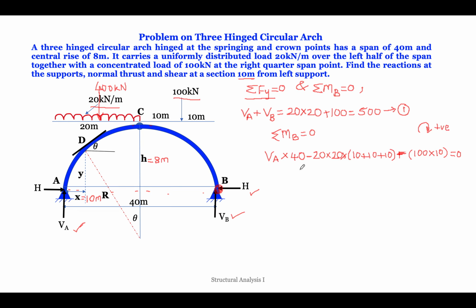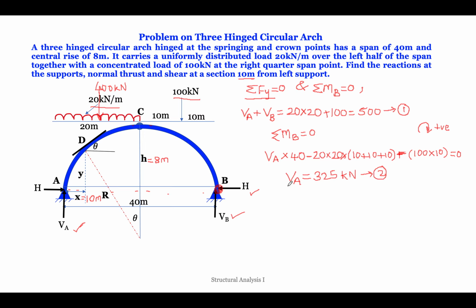So when we solve this equation, we get Va is equal to 325 kilonewton. Now once we get this Va value, substitute this Va in equation number 1.